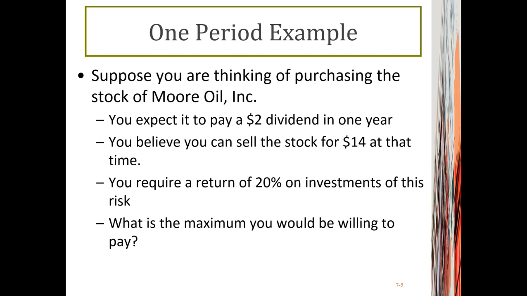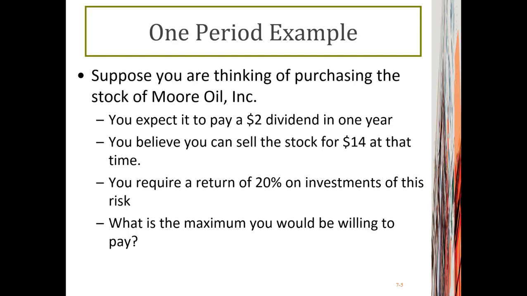Now let's start with a very simple example to see how we can price a stock. Suppose that you are thinking of purchasing the stock of More Oil Inc. and you expect this company to pay a $2 dividend in 1 year. You also believe that you can sell the stock for $14 at that time.